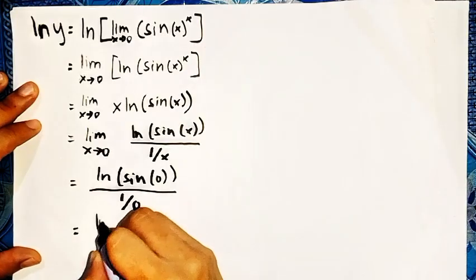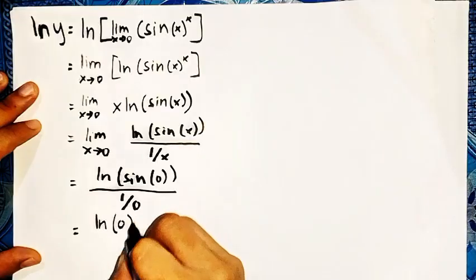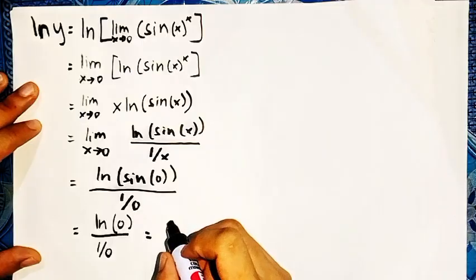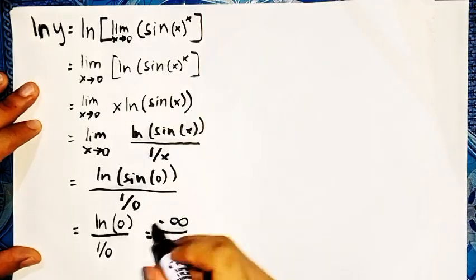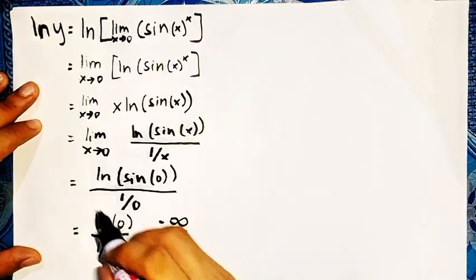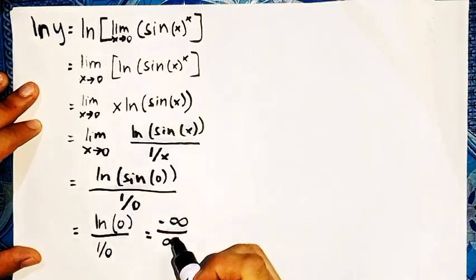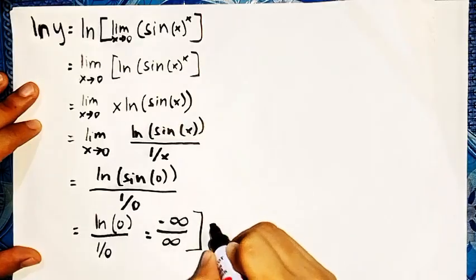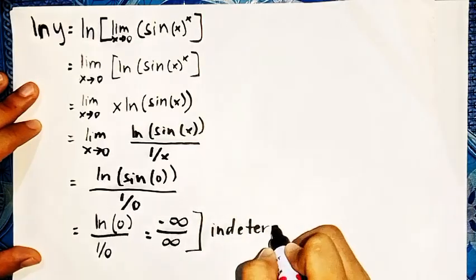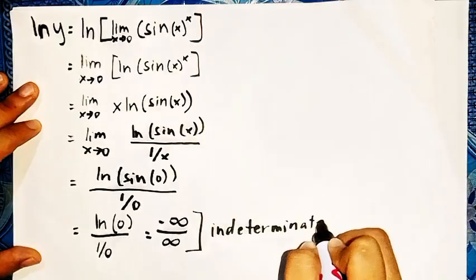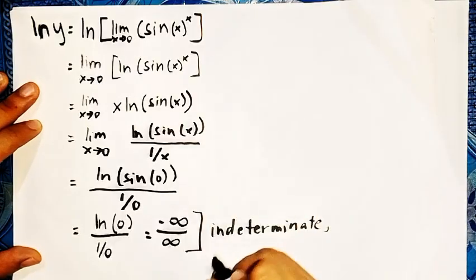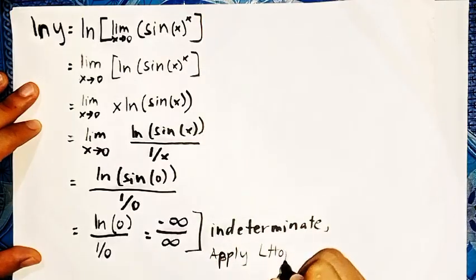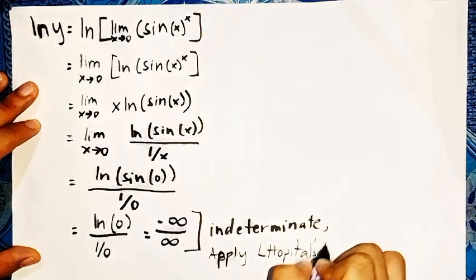And ln 0 over 1 over 0 is negative infinity over infinity as x approaches 0. So negative infinity over infinity is indeterminate. Therefore, apply L'Hopital's rule.